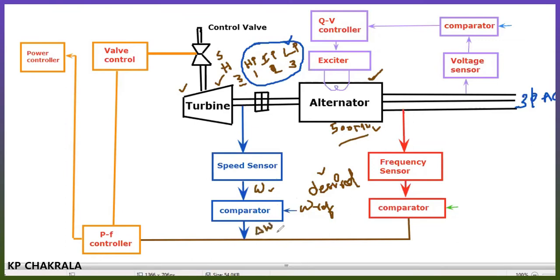So delta omega is the error, and that is given to the PF controller, the real power and frequency controller. Depending upon the error, it will be processed.